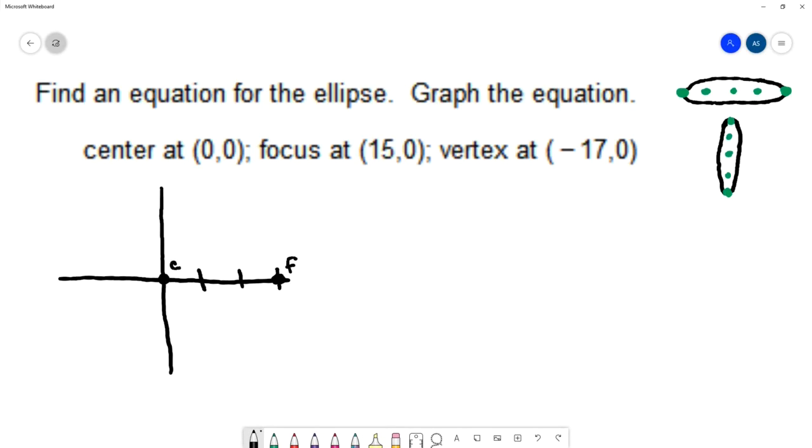And then we have a vertex, 5, 10, 15. So we would have negative 17, 0 being a vertex. So you can see our center, vertex, and focus are lining up on the same horizontal line. So we know we have a horizontal orientation.